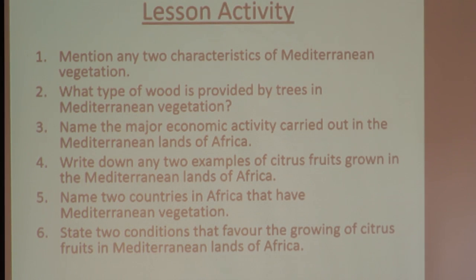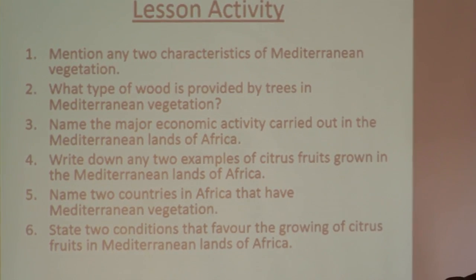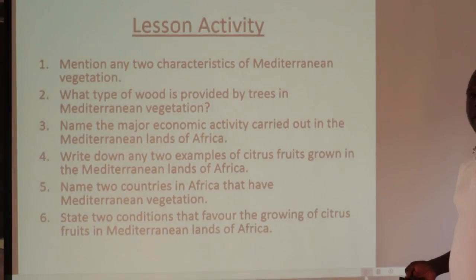If you remember, you put it, or you can even go through the notes before you attempt these questions. Number 4, write down any 2 examples of citrus fruits grown in the Mediterranean lands of Africa. You saw them in the picture. We also wrote their spellings down in the notes, so you will be able to pick some of them and put there.